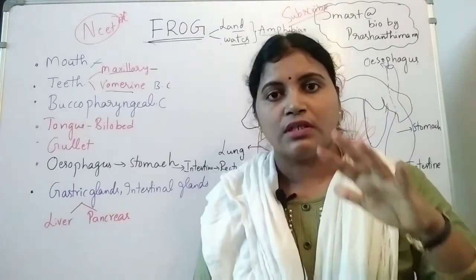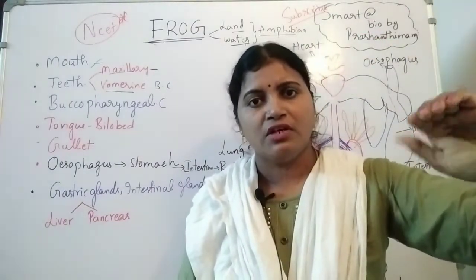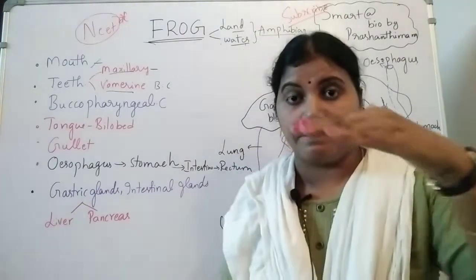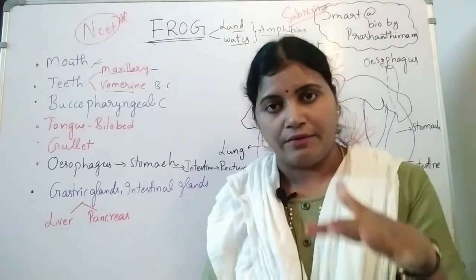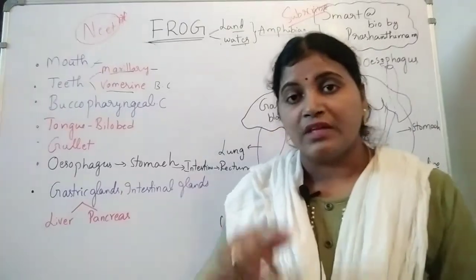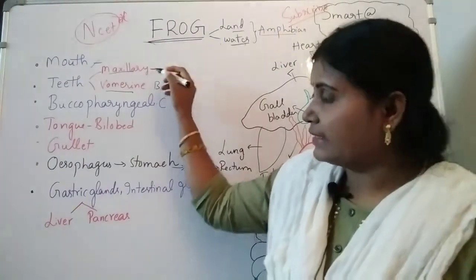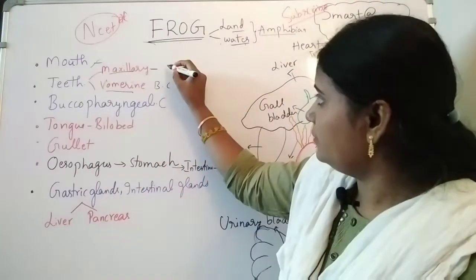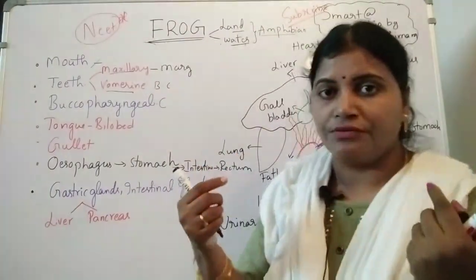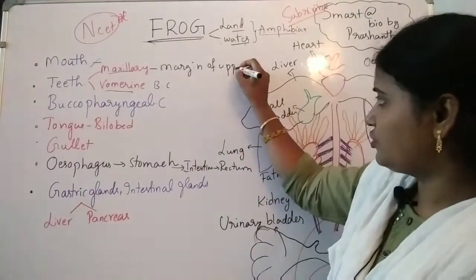The teeth present in the mouth are attached either to the upper jaw or to the roof of the buccopharyngeal cavity, the upper part. Based on the area, the teeth have different names. The maxillary teeth are present on the margins of the upper jaw.